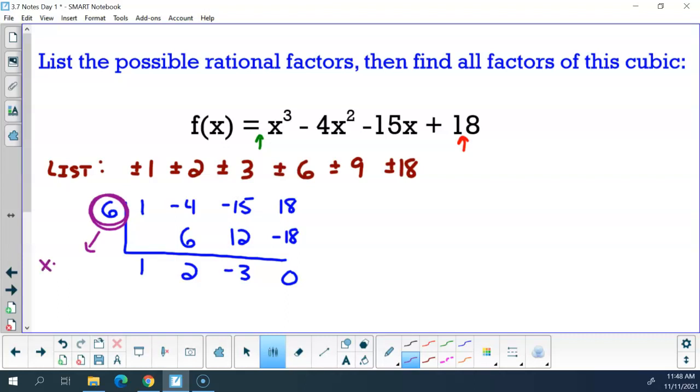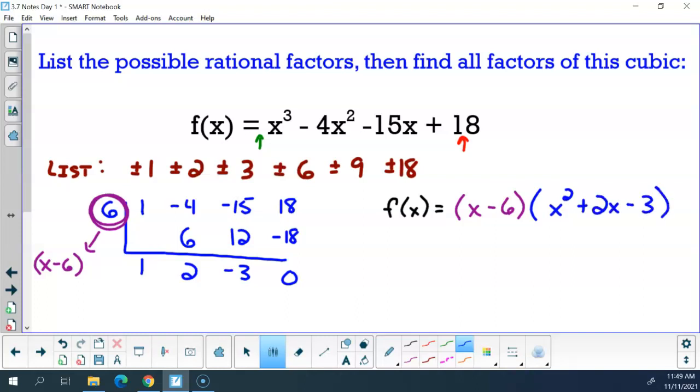X minus 6 is the factor. Okay? So f of x can be written as x minus 6 times the quantity x squared plus 2x minus 3.